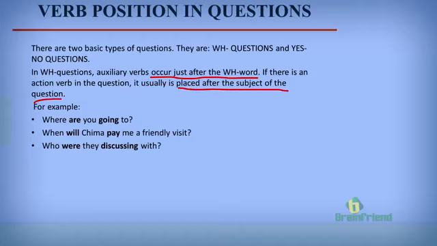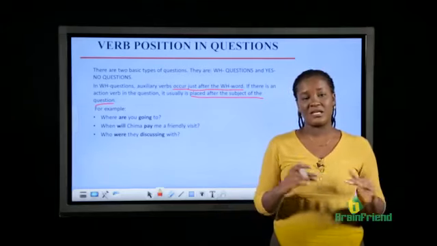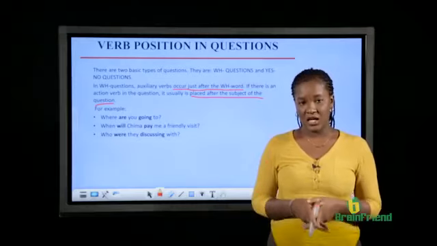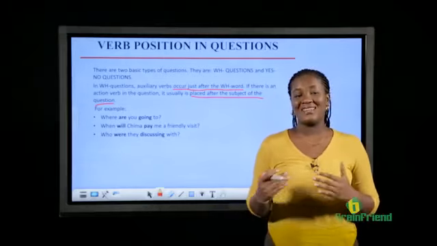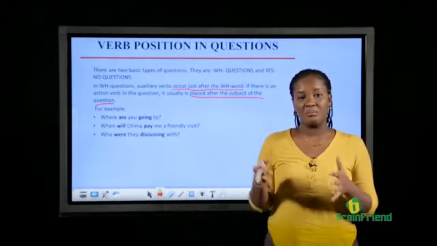Now, when you have a question beginning with any of these WH words we've talked about, you have the auxiliary verb occurring after the WH word, and then you have your subject, which is the person being talked about in the sentence, and after the subject, you have your main verb. So that's how auxiliary verbs and main verbs are placed in questions. Now, note that some questions do not necessarily have to come with main verbs.